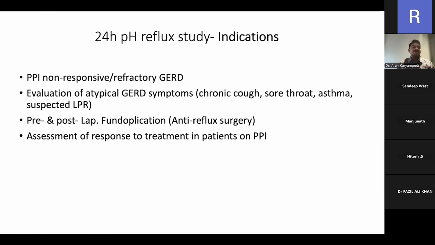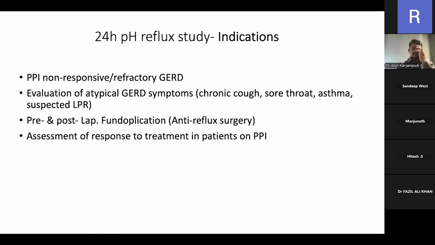Parameters for pH studies have not been standardized to diagnose atypical GERD symptoms. As I told you, there are some pharyngeal probes to look at laryngopharyngeal reflux, but even then, nothing has been standardized in any of the guidelines to diagnose atypical GERD.